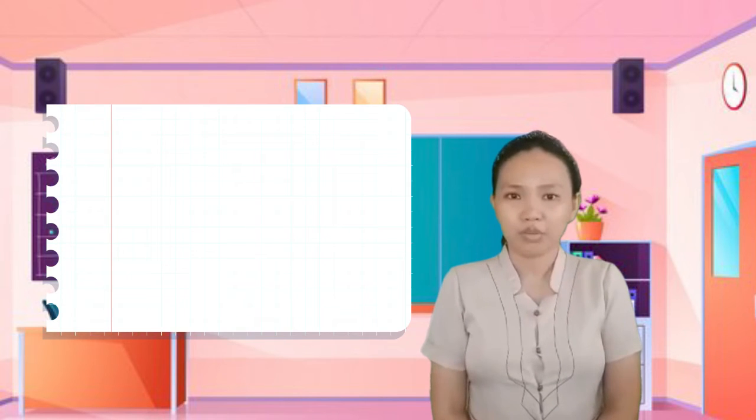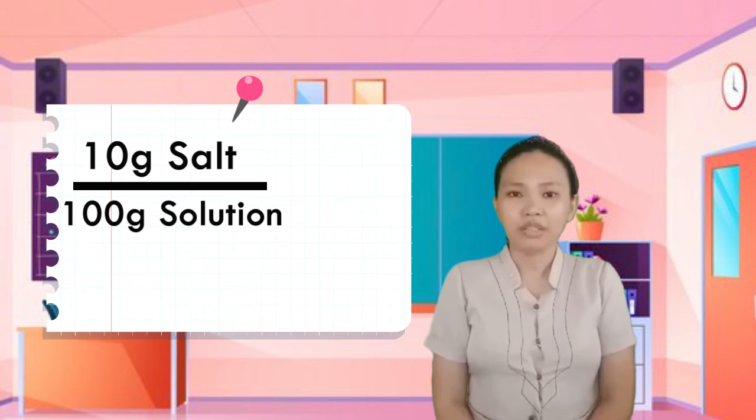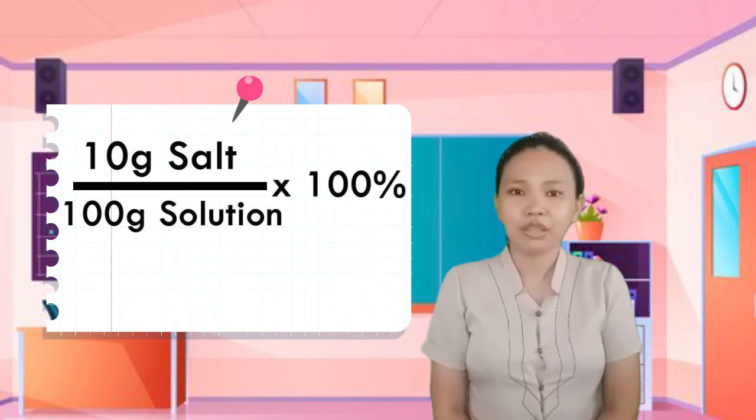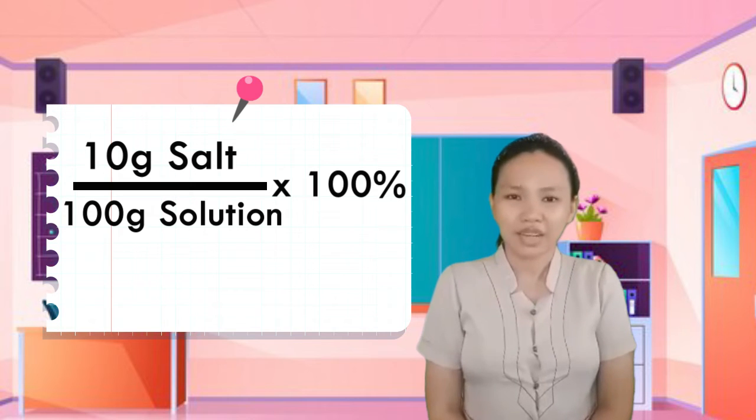One part is the salt, which is 10 grams, divided by the whole, which is 100 grams of salt solution, times 100%. The answer is correct.